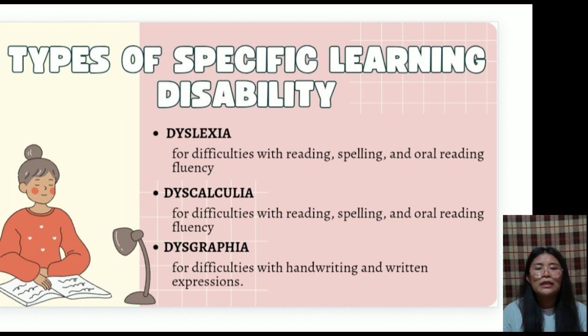Lastly is dysgraphia, difficulties with handwriting and written expression. Dysgraphia is a learning disability that affects a person's ability to write coherently and accurately. It may manifest as difficulties with spelling and handwriting.